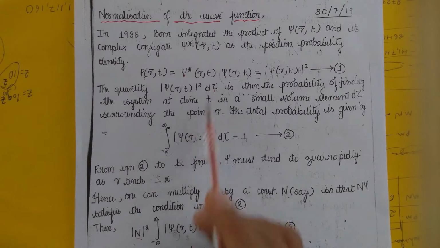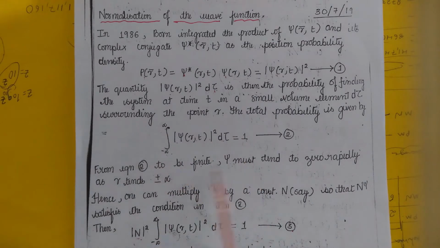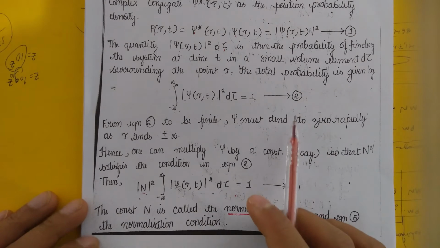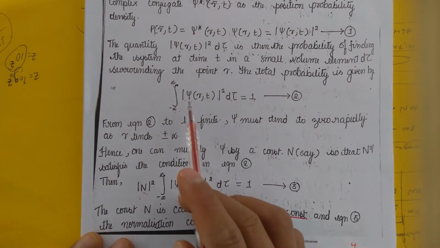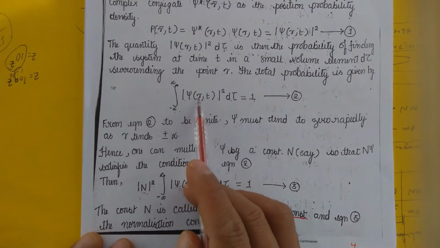If we integrate from minus infinity to infinity, the total probability, which means the probability of finding the particle anywhere, is 1, which means 100%.